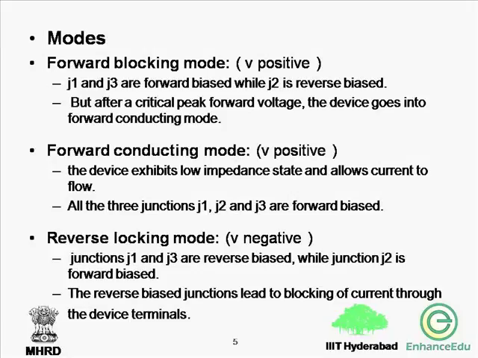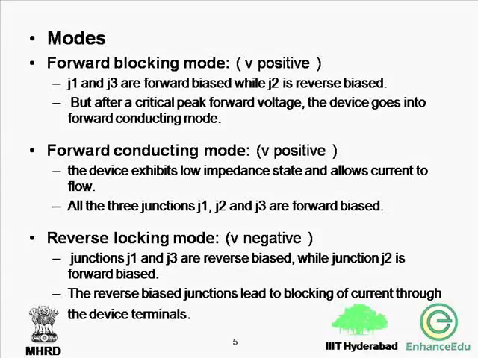But when the device reaches the critical peak forward voltage, it goes into the forward conducting mode. In this mode the device exhibits a low impedance state and allows current to flow. It has stopped blocking. All three junctions, J1, J2 and J3, are now in the forward bias mode.